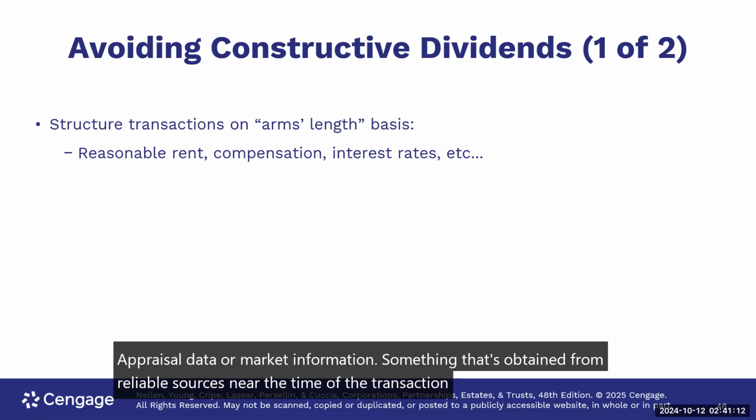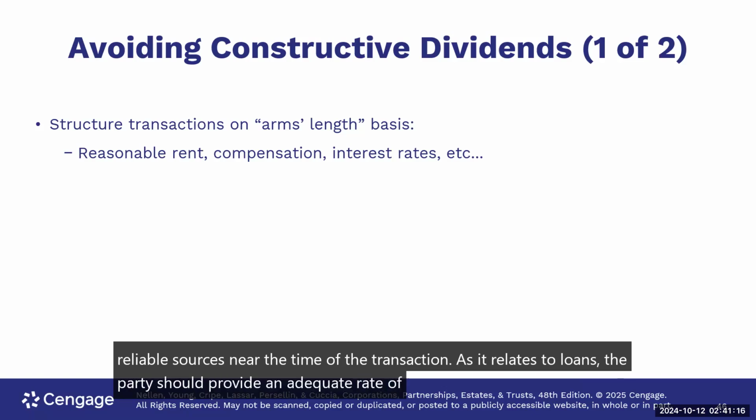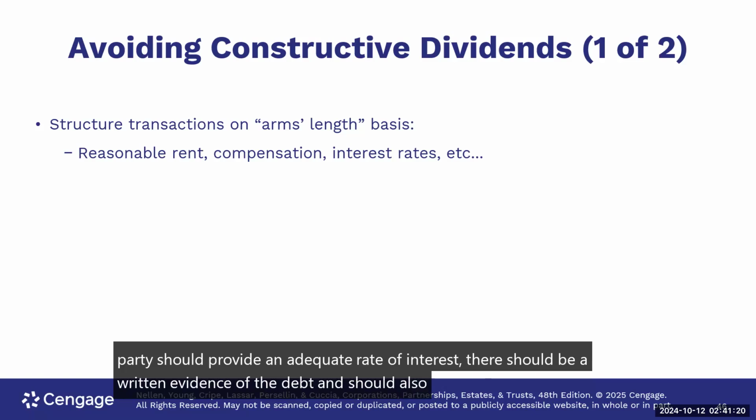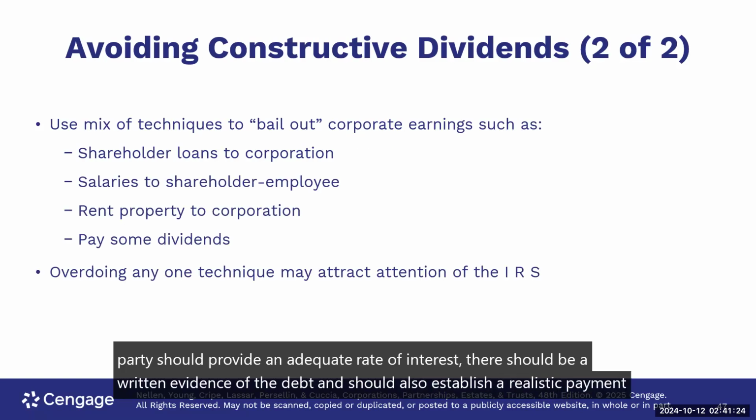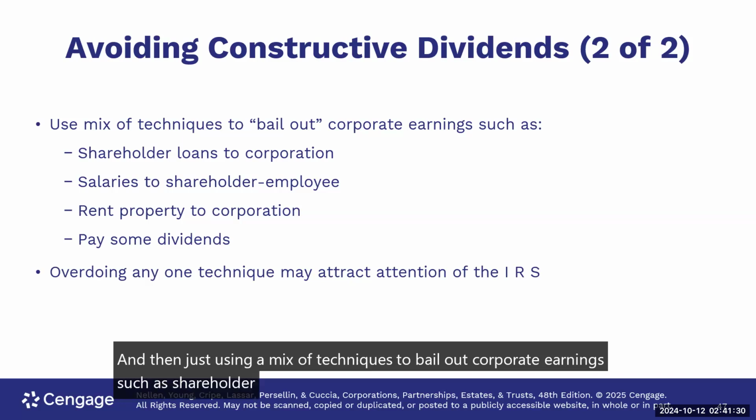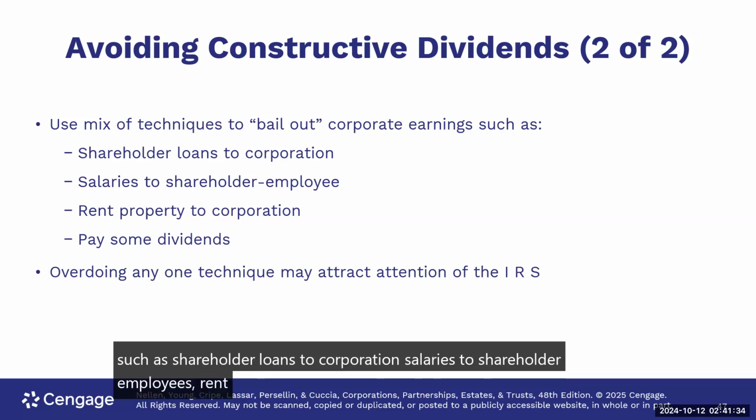As it relates to loans, the parties should provide an adequate rate of interest. There should be written evidence of the debt, and they should also establish a realistic payment schedule. And then use a mix of techniques to bail out corporate earnings, such as shareholder loans to the corporation, salaries to shareholder employees, renting property to the corporation, and paying some dividends.